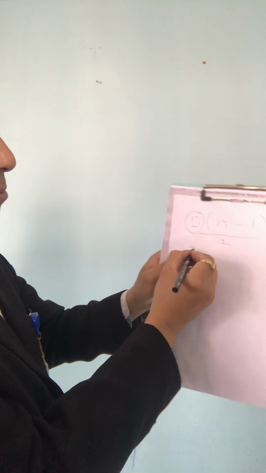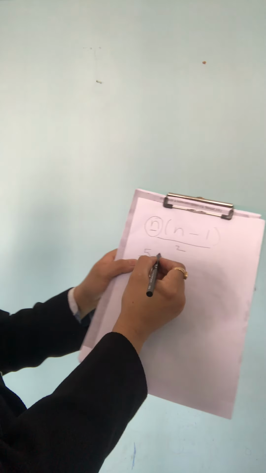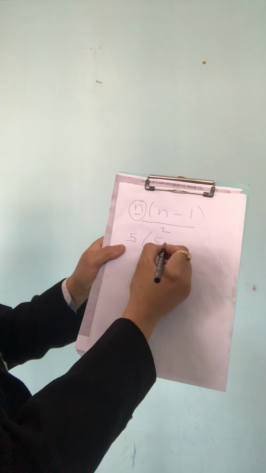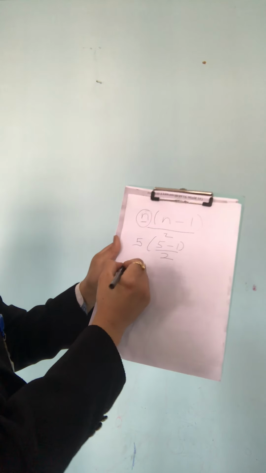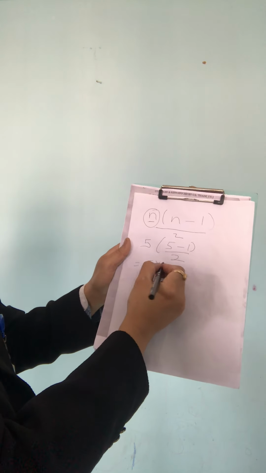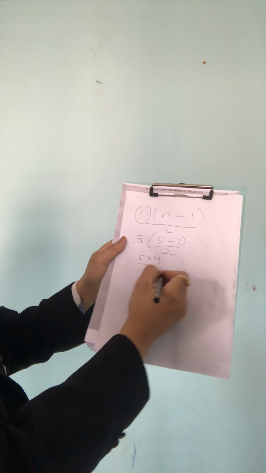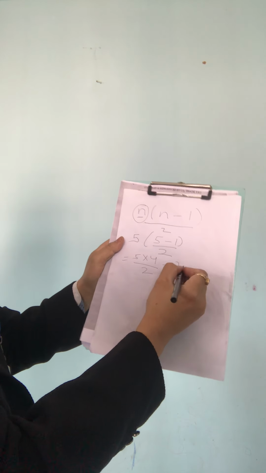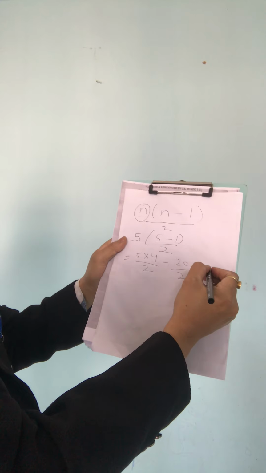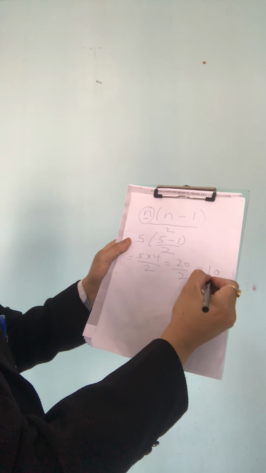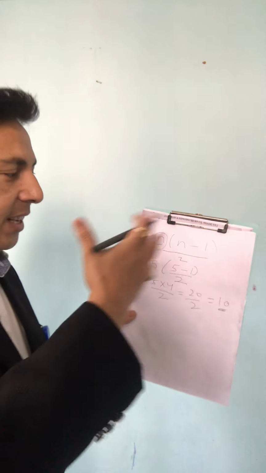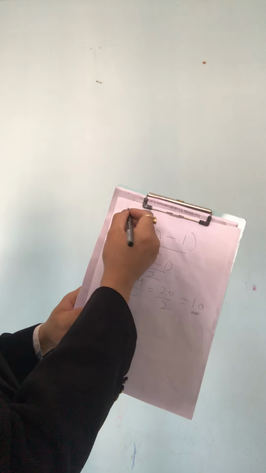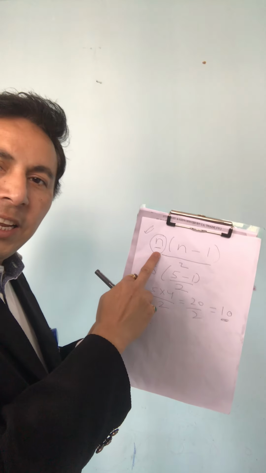So n is the number of teams, 5, and then 5 into 5 minus 1 by 2, that is 5 into 4 by 2, that is 20 by 2, that is equal to 10. So what is 10? 10 is the total number of matches in a tournament. So this is the formula for league tournament.